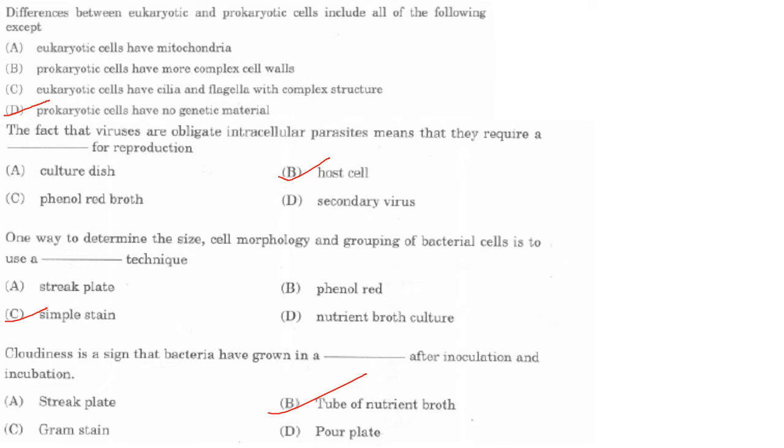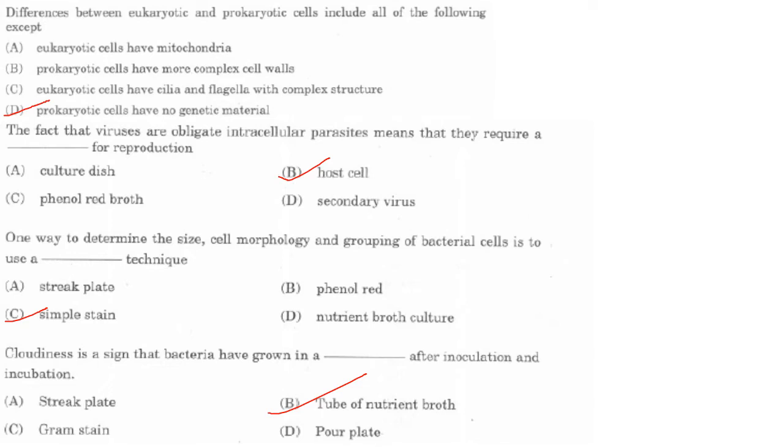The fact that viruses are obligate intracellular parasites means that they require a dash for reproduction. They require a host cell for reproduction. Answer is option B. One way to determine the size, cell morphology and grouping of bacterial cells is to use a dash technique, the simple stain technique.